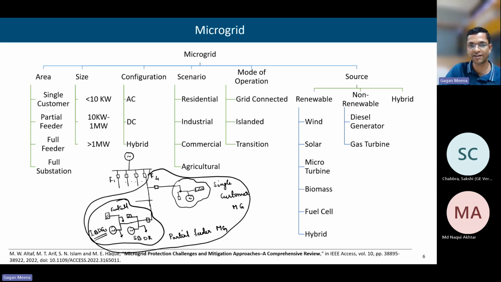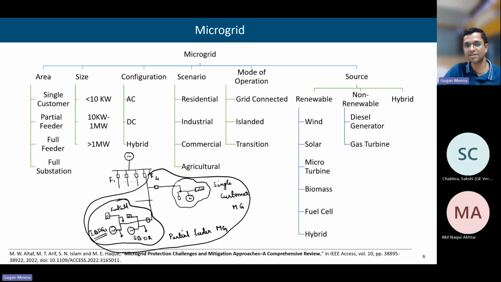If there is a fault on the main lateral, then this entire feeder will be disconnected from the substation.